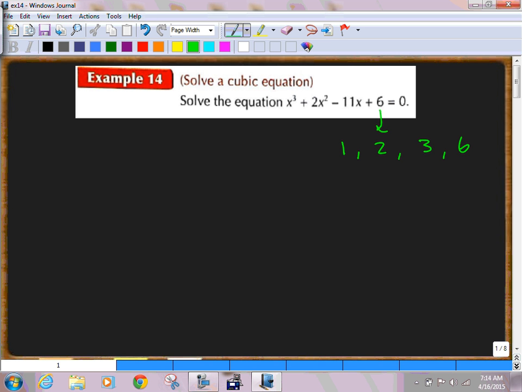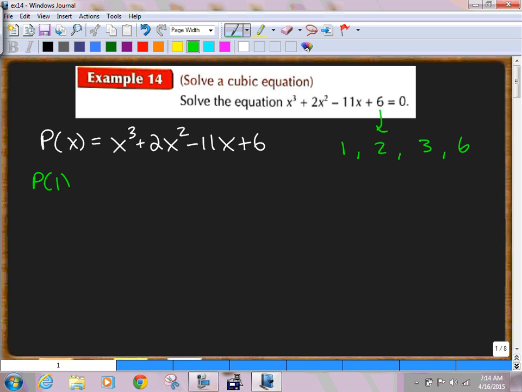Again, our p of x is our function, which is x cubed plus 2x squared minus 11x plus 6 equals 0. So let's try a few options.